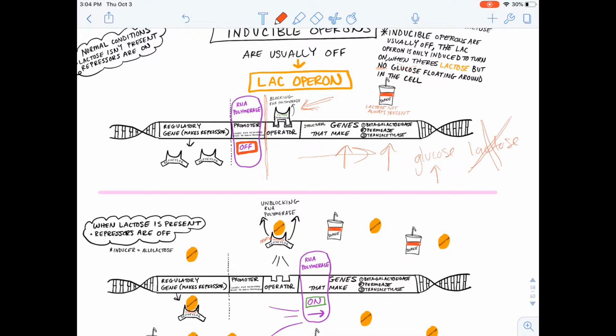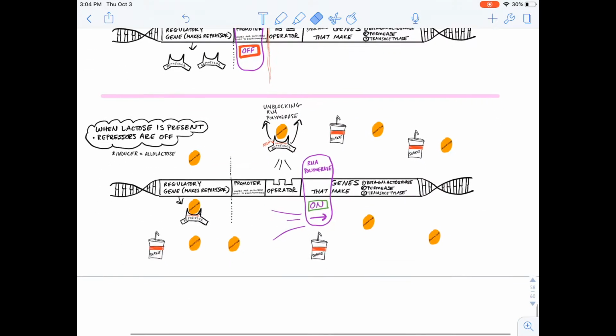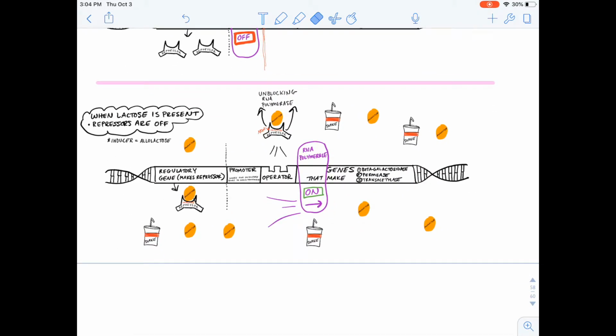However, once the glucose is used up, then the gene will start transcribing those enzymes, and it will start making the enzymes needed, like beta-galactosidase, permease, and transacetylase, that will break down the lactose.